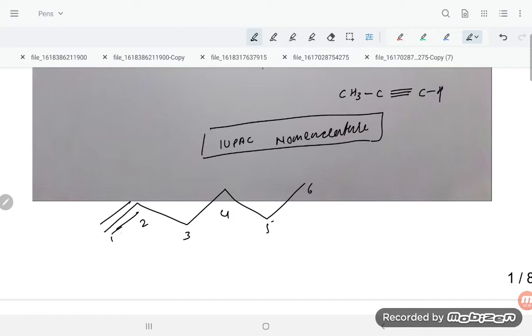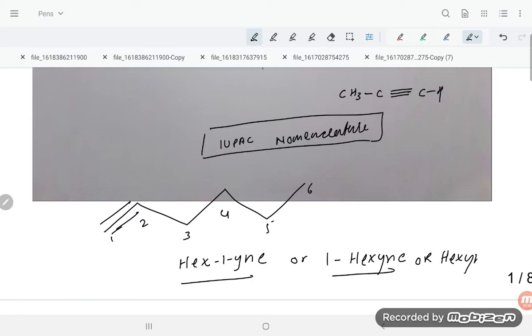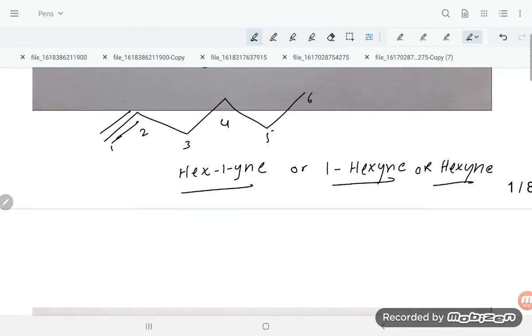What will be its name, student? It will be hex-1-yne, or it is also known as hexyne. So it is up to you which name you want to prefer.